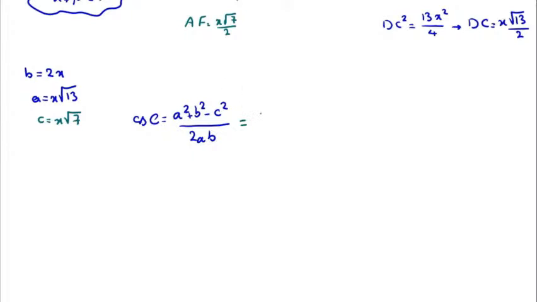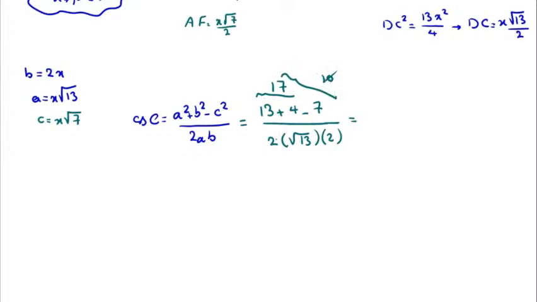A squared is root 13 squared, which will be 13. B squared will be plus 4, minus C squared will be negative 7, over 2 times A, which is root 13, times B, which is 2. 13 plus 4 is 17, minus 7 is 10. If you divide 10 by 2, it will be 5. And if you multiply both numerator and denominator by root 13, it will be over 26.